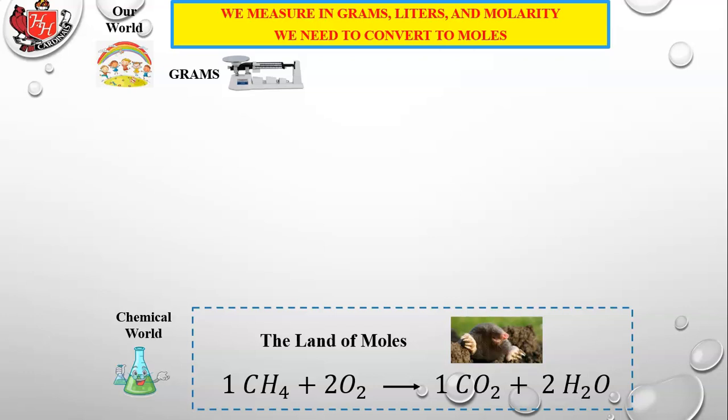Or we said in our world, we deal in big numbers of molecules called moles, 6.022 times 10 to the 23rd. It could mean 1 mole of CH4 plus 2 moles of O2 gives you 1 mole of CO2 and 2 moles of H2O. We want to deal with these big bundles or baskets of molecules so that we can actually see them and weigh them.